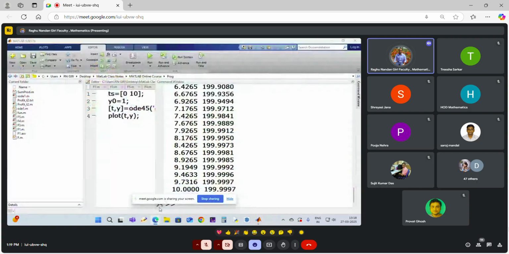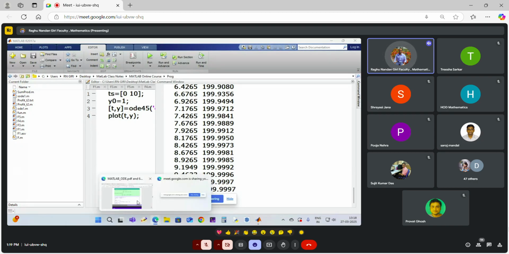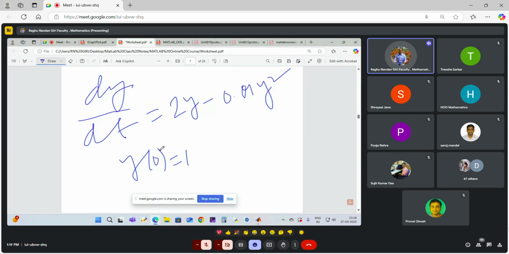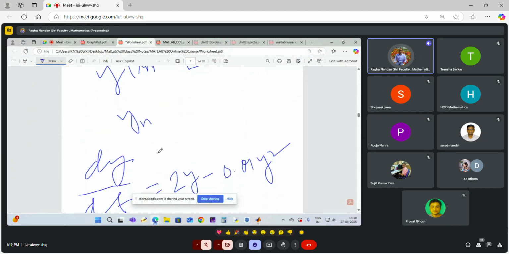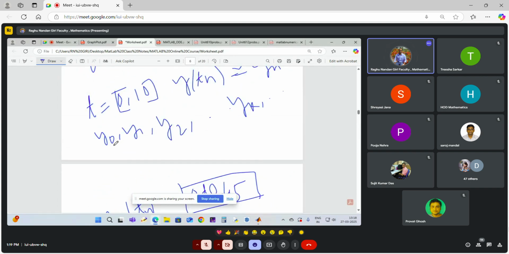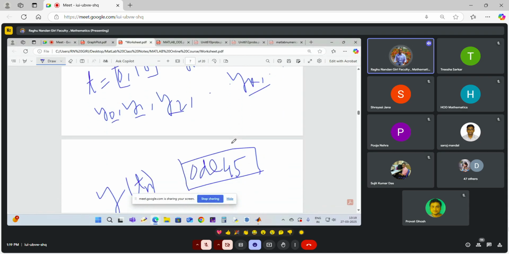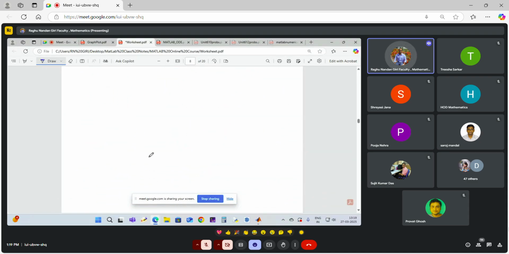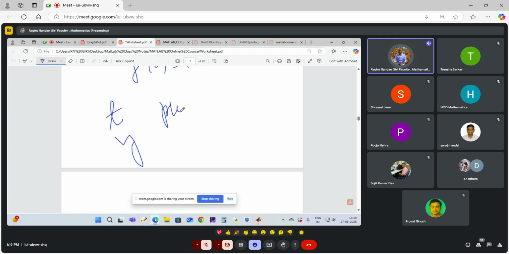So our target in numerical methods for solving the differential equation is to find the sequence of values y0, y1, y2, then analyze the graph. There is a t vector, the time vector, and a y vector.